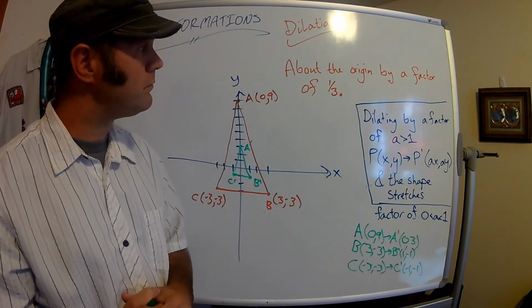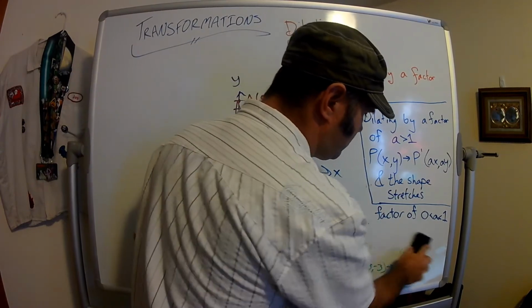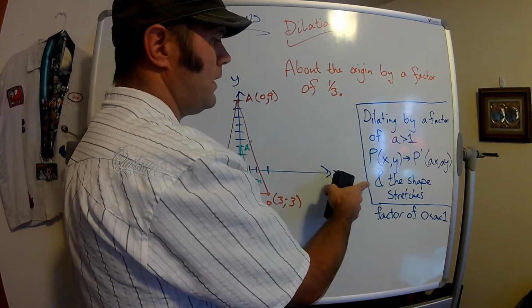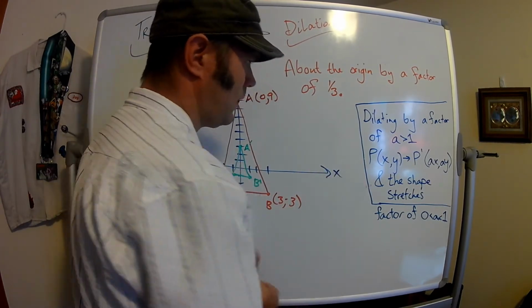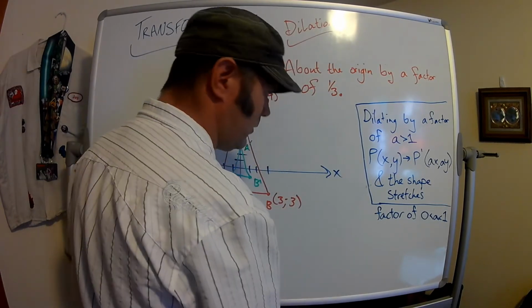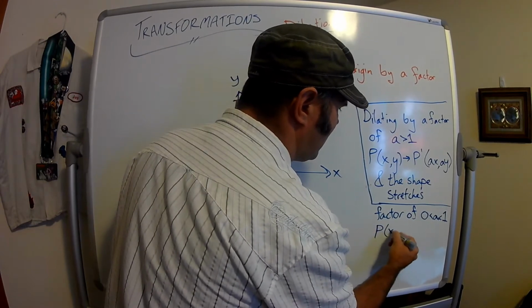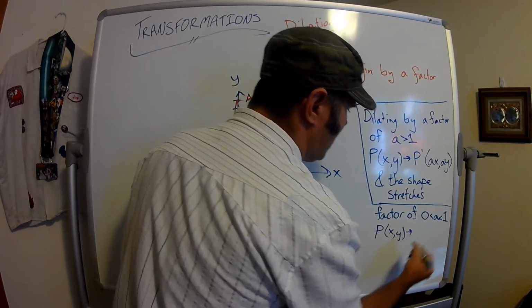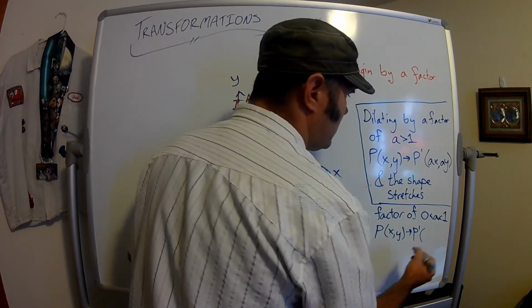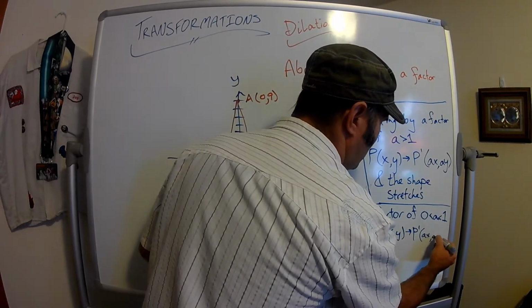So, all right, we need to come up with a rule. We know that it's shrinking, but let's go ahead and keep using blue. We've got point P, x comma y becomes P prime, and that is ax comma ay.